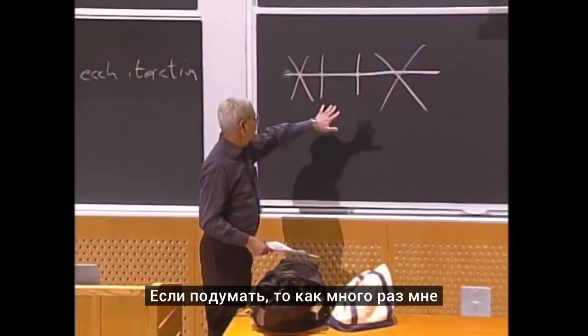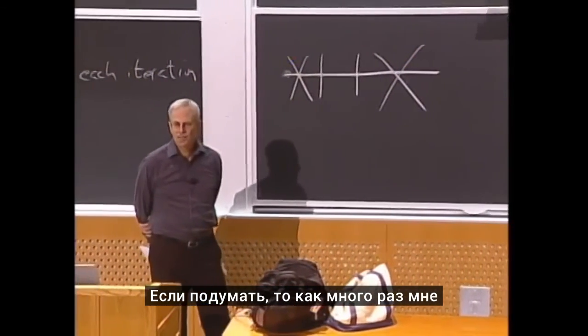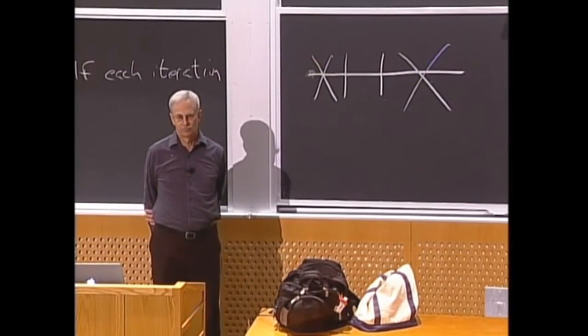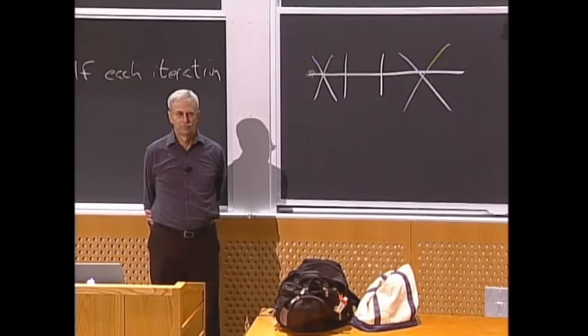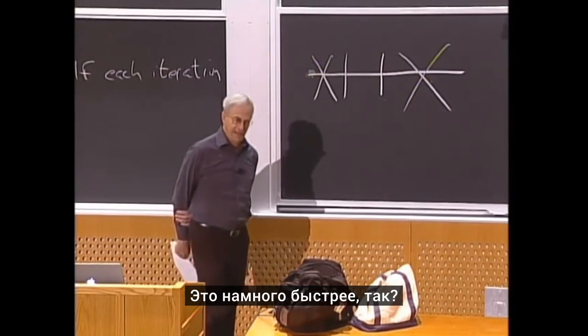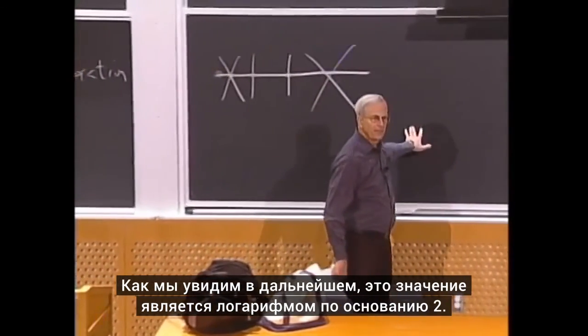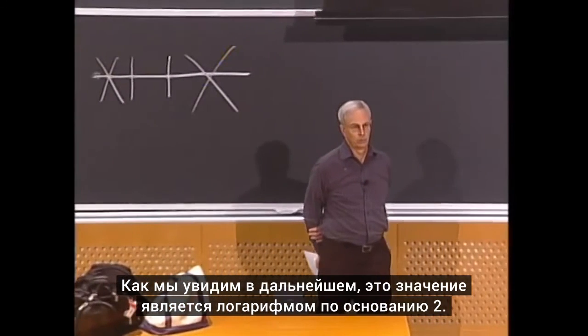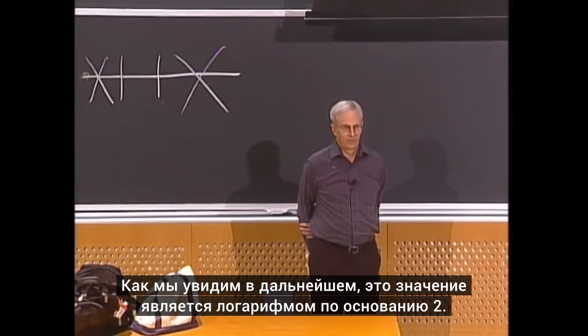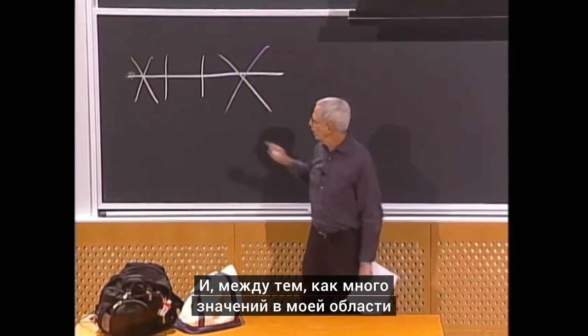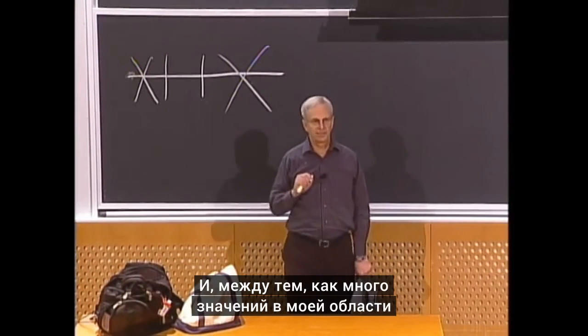If I think about that, how many times am I likely to have to prune it? It's much faster, right? As we'll see later, it's basically log base 2. If I have some number of values to look at, and by the way, how many values do I have in my search space to start with?